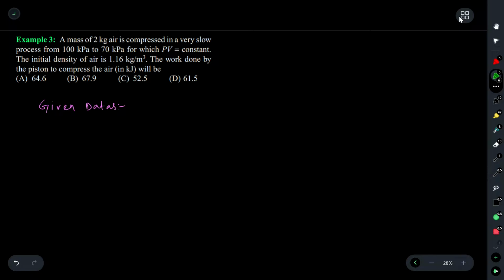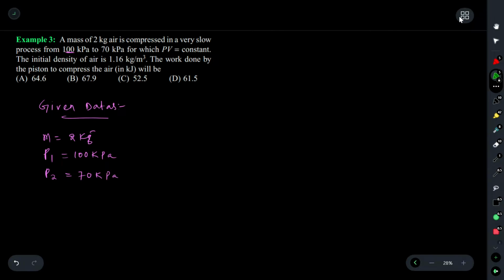First of all, we are given the amount of mass, that is m, as 2 kg, right? After that we are given the initial pressure, P1, as 100 kilopascal, and P2 is given as 70 kilopascal.